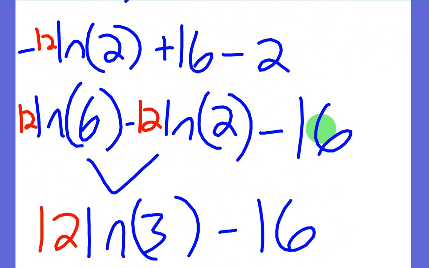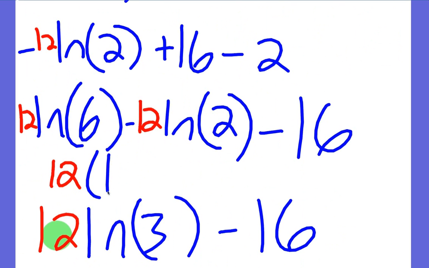If you recall, there is a rule for subtracting logarithms. You divide what is inside. So 6 divided by 2 is 3, and I'm going to leave my 12 on the outside. I do actually want to show one more step there. Basically, what you're doing is you're pulling a 12 out. You're left with natural log of 6 minus natural log of 2.